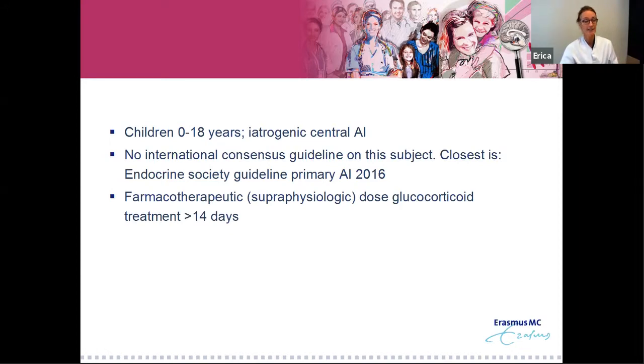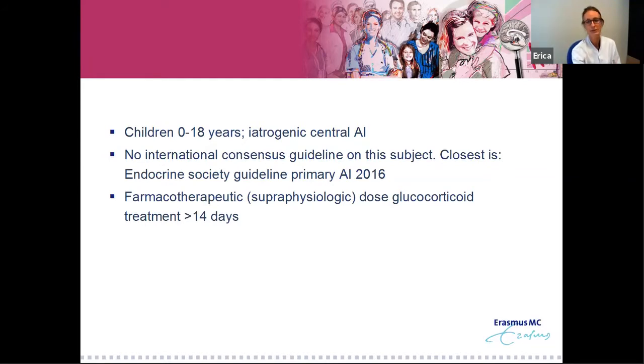There is a guideline on primary adrenal insufficiency, which can be helpful on some of those subjects. And we are talking about treatment that has been for more than 14 days in pharmacotherapeutic, so supraphysiological dosing.